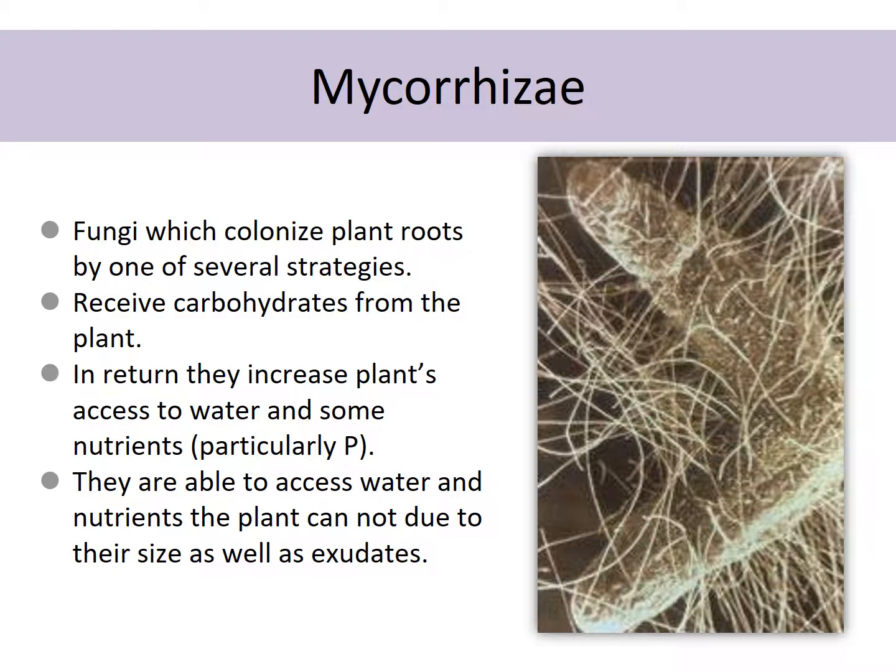The hyphae of mycorrhizal fungi are small enough that they can access water that is too tightly held in the soil for plants to absorb on their own. They're also capable of mineralizing nutrients which are hard for plants to take up, such as phosphorus and others.